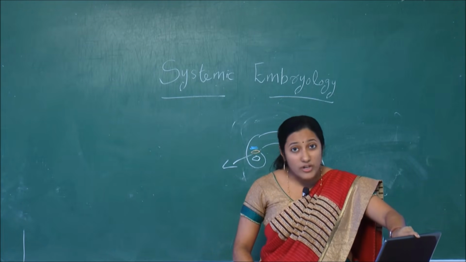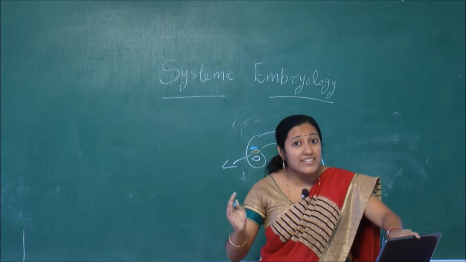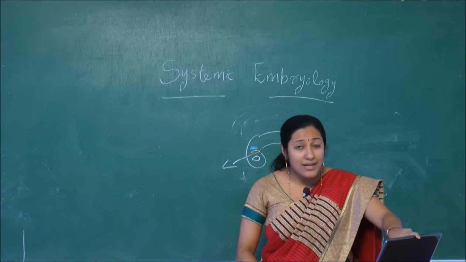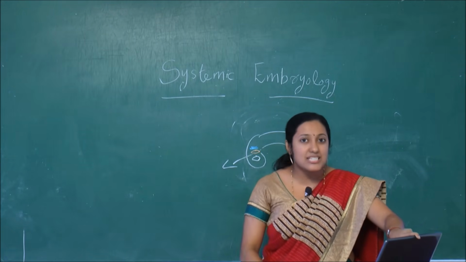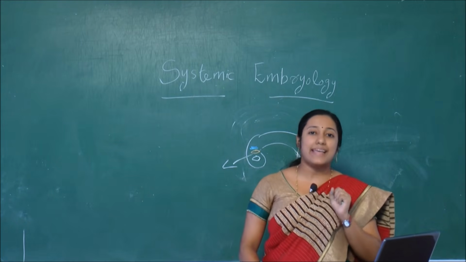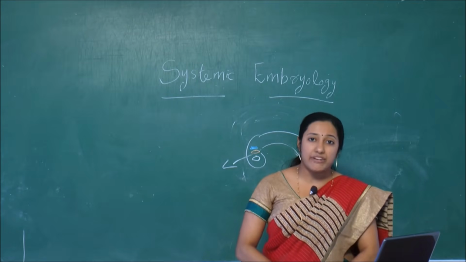Then it gets its contribution from the pleuroperitoneal membrane. Then a little bit more laterally it is getting its contribution from the lateral body wall. Again a little bit in the center it is getting its contribution from the mesentery of the esophagus. So this is how the whole of the diaphragm is formed.